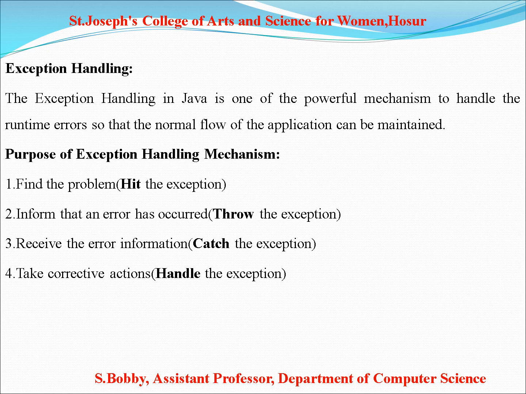There are four steps. First, find the problem, which is called hit the exception. Second, inform that an error has occurred, which is throw the exception. Third, receive the error information, that is catch the exception. Fourth, take corrective actions, handle the exception.